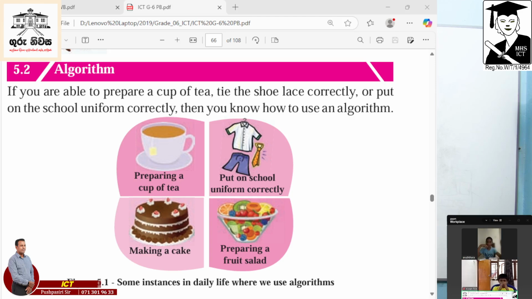Kevin, let me know your description. A method that includes all the steps of solving a problem in order is known as an algorithm. Very good. Exactly correct. So there should be properly ordered steps.